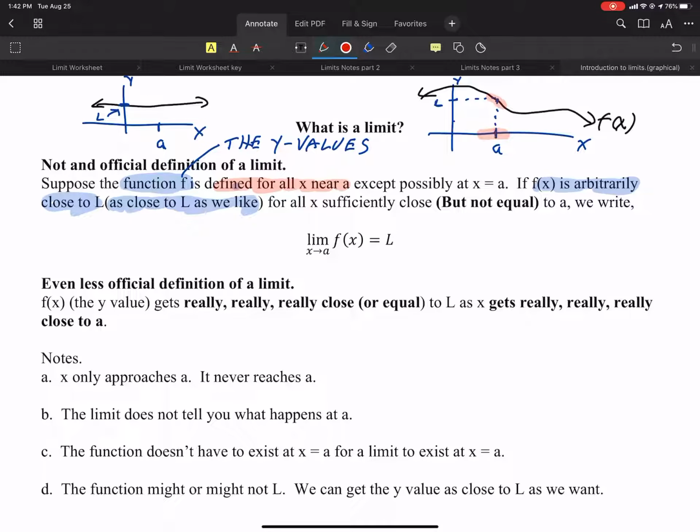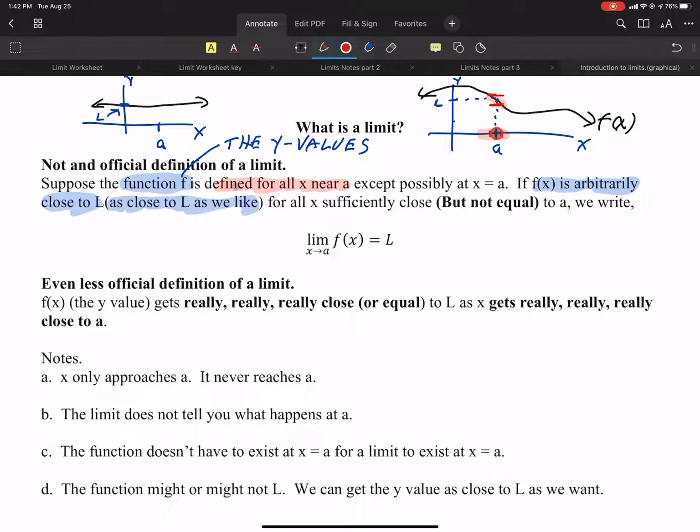If I can get the x values really close to a, even closer than that, then I guarantee the y values are closer to L. And this arbitrarily close that we see here is basically saying, if you want me to get closer to L, if I shrink this down, all I have to do is shrink down the x. So as close as you want me to get to L, I can get you that close if I narrow down my x values. That's kind of confusing.